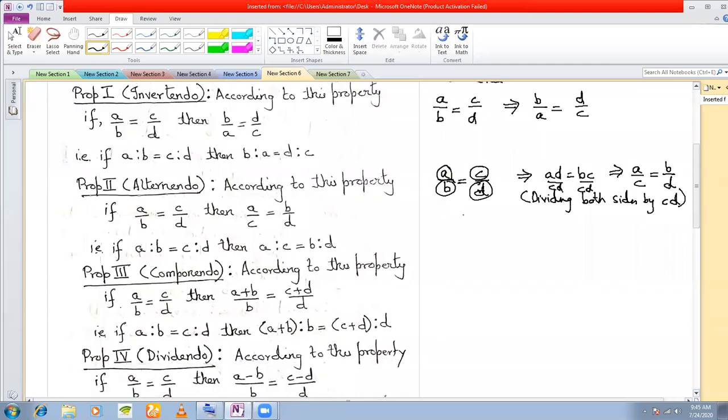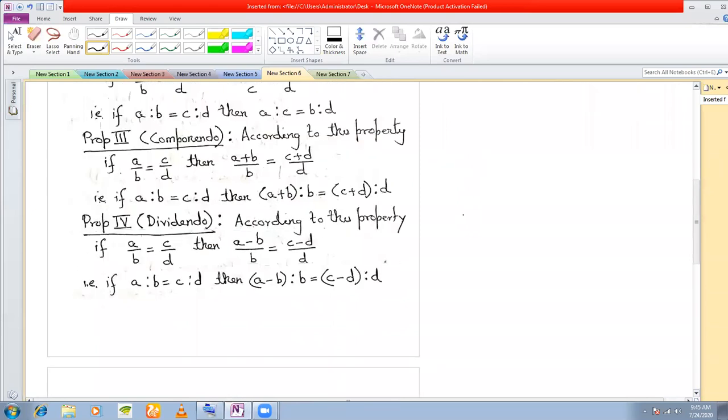Okay. Componendo, given a proportion A by B is equal to C by D. If you add 1 to both sides, you get componendo. And then take the LCM.